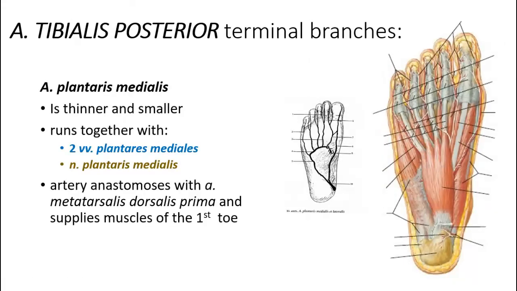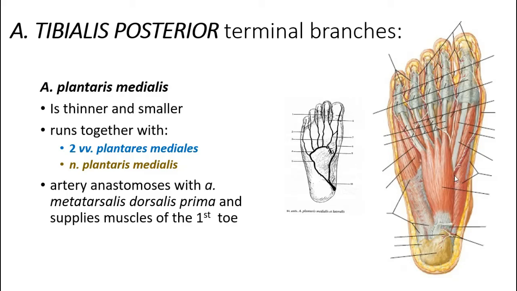The second terminal branch of the arteria tibialis posterior is the arteria plantaris medialis, and you can see the schematic picture of it here. It starts like the arteria plantaris lateralis on the plantar surface of the foot, and it will go together with two venae plantares mediales and the nervus plantaris medialis, if it is located, and if we do have this artery at all.